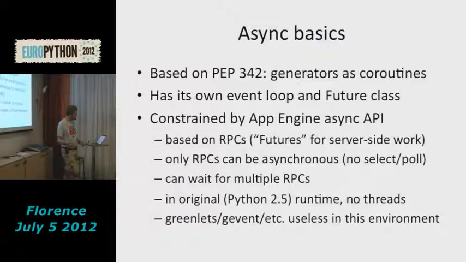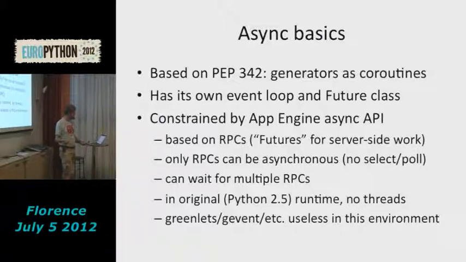Another constraint is that we want to support both Python 2.5 and Python 2.7. And in App Engine, for historical reasons, those are completely differently implemented runtimes. The Python 2.5 runtime does not support threading, so NDB has to not support threading.